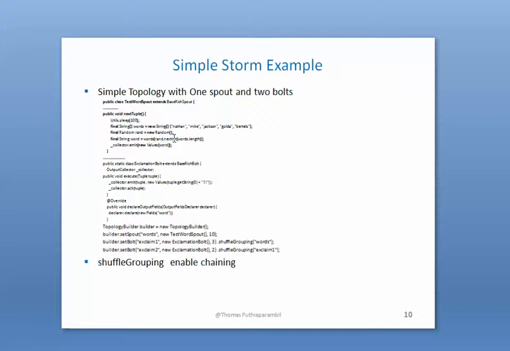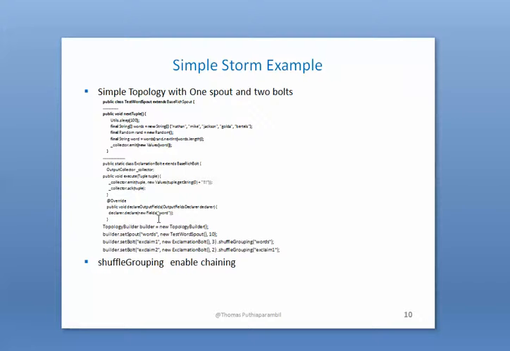You can see that the top part of the code shows a very simple spout, and what the spout does is it has a list of 5 names, and it randomly sends one name, and the function that is used is emit. Now what the bolt does is, when the bolt receives this message, it appends 3 exclamation marks to it and re-emits it.